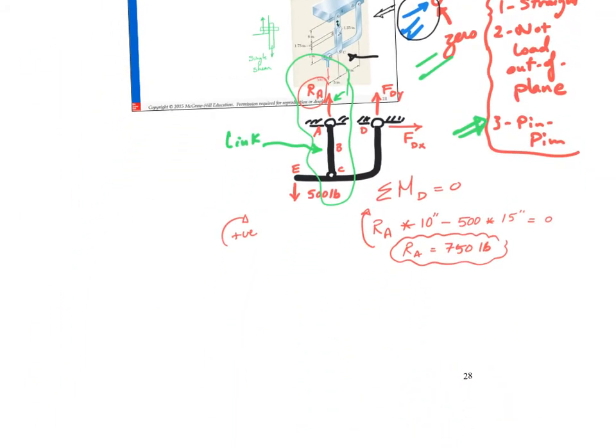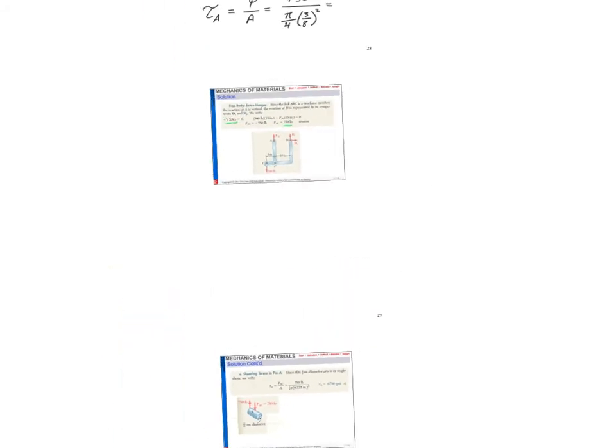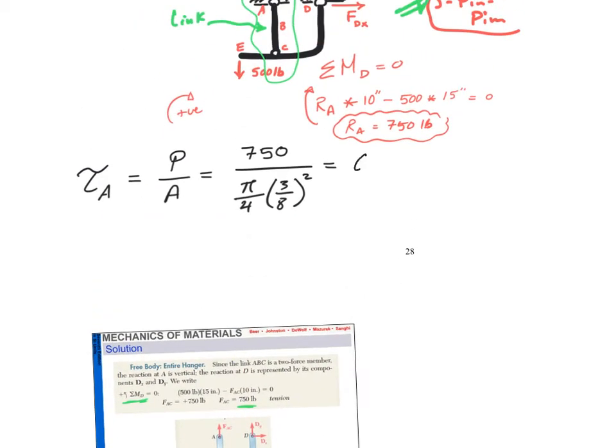So tau of bolt A will be equal to P over A, 750 pounds divided by the area, pi d squared over 4, so pi over 4 times 3/8 squared. Is that simple? Very simple. We got the shearing stress here equal to 6790 psi. What's psi?